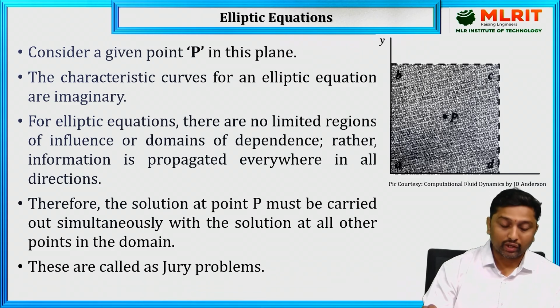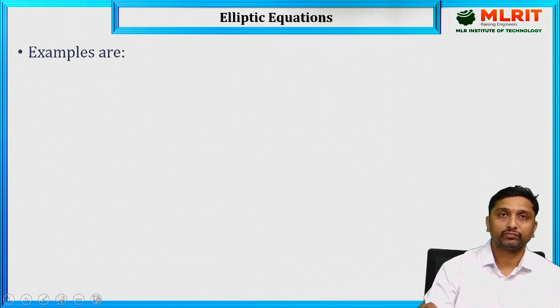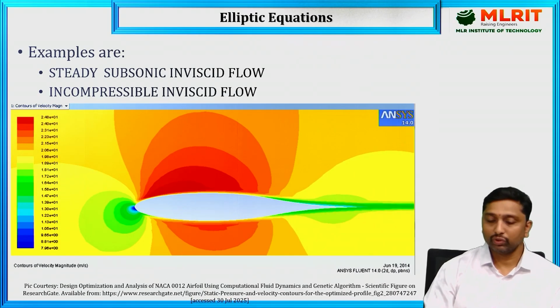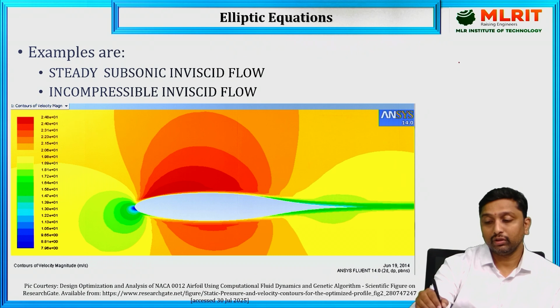These are also called jury problems because of simultaneous calculations. Examples are steady subsonic flow over objects and incompressible inviscid flow over objects. This is an example of the elliptic behavior.